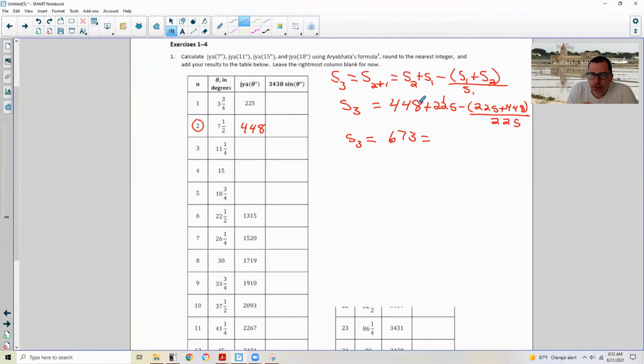So, oops, not equals, minus. And then notice that we're adding the same thing here. So it's just going to be 673 divided by 225.